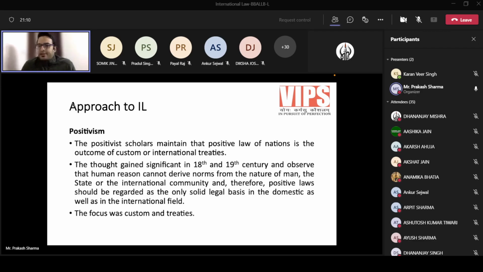this debate continues. It is a debate which continues with respect to domestic laws as well. When we talk about the analytical law school and the historical law school, each of these schools has significance in the making and unmaking of law.